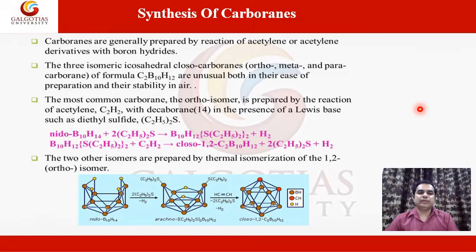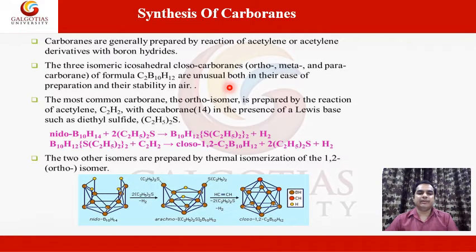The three isomeric icosahedral carboranes, that is ortho, meta, and para carboranes, whose formula is C2B10H12, are unusual both in their ease of preparation and their stability in air.